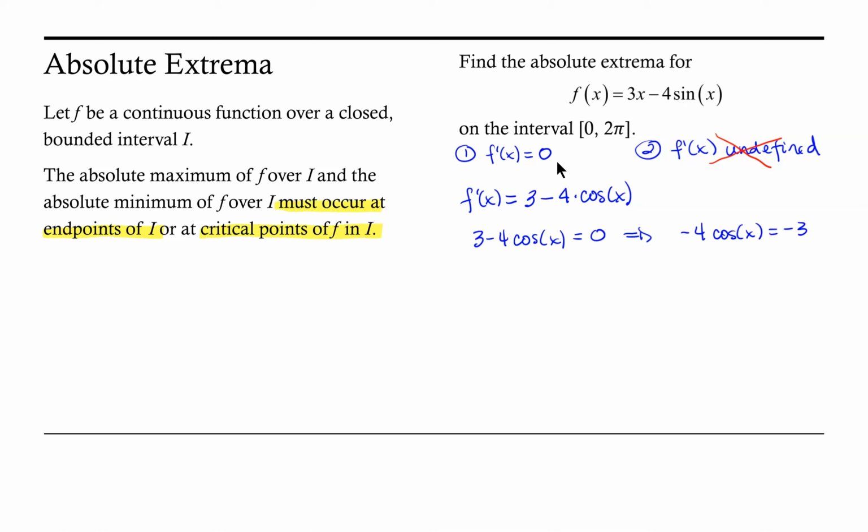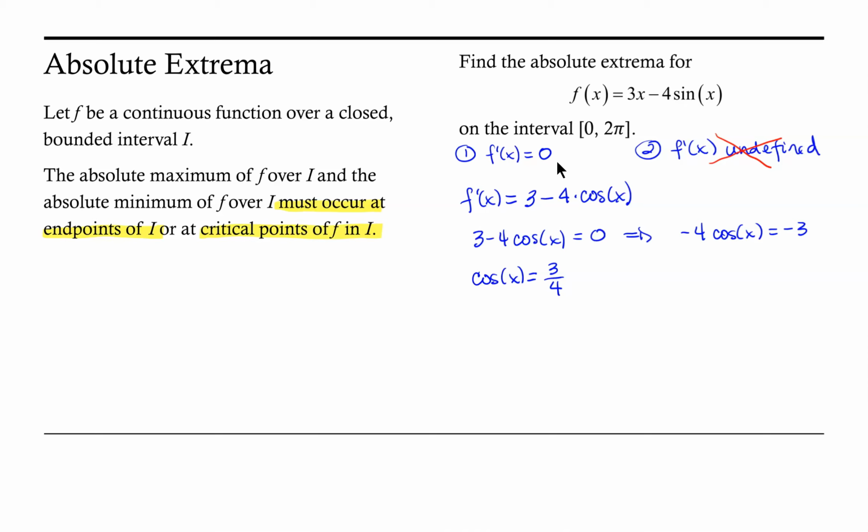Then if I divide both sides by negative 4, I end up with cosine of x equals 3/4. You're not going to find that on the unit circle. This ratio of 3/4 is not any of the standard unit circle values that we learn in trigonometry.